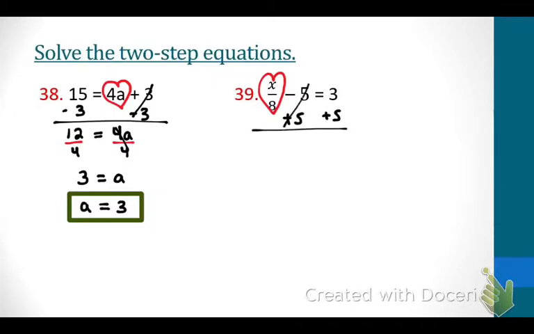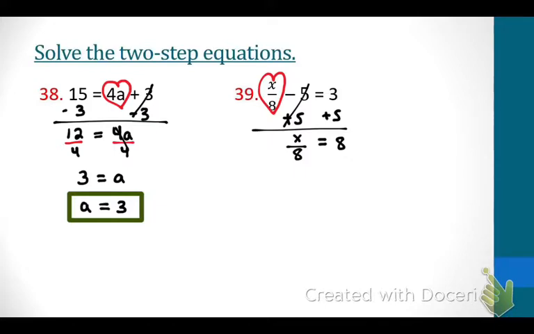Hayden, what are you left with? X over 8 equals 1. You are correct. Okay, Talila, what should I do next? What's not allowing x to be alone?